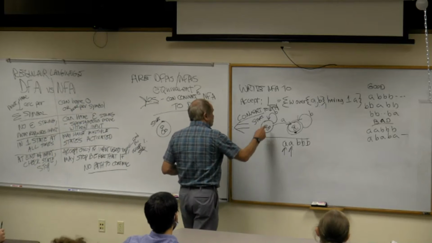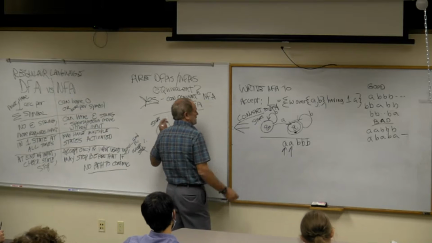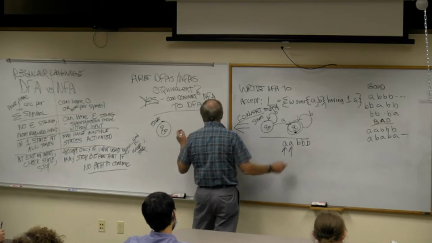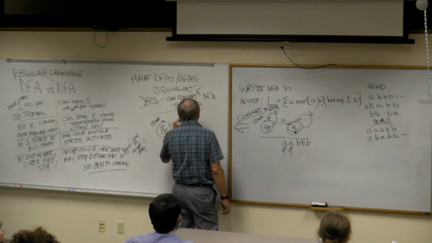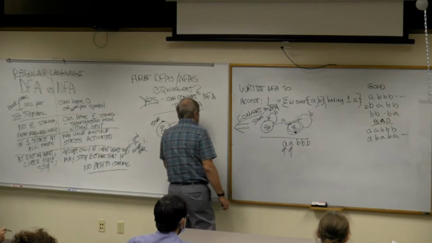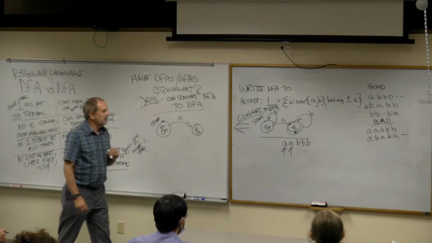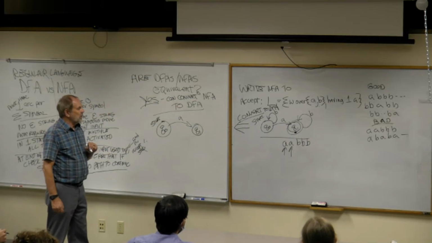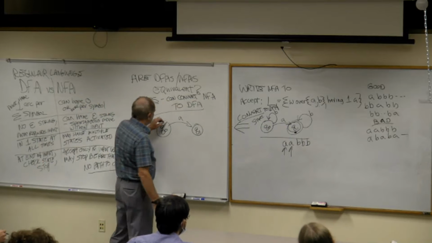Let's start with A. On A, it just goes to Q1. That's pretty easy, so this is a simple example. We'll move up to another one in a minute. On B, it loops on itself.